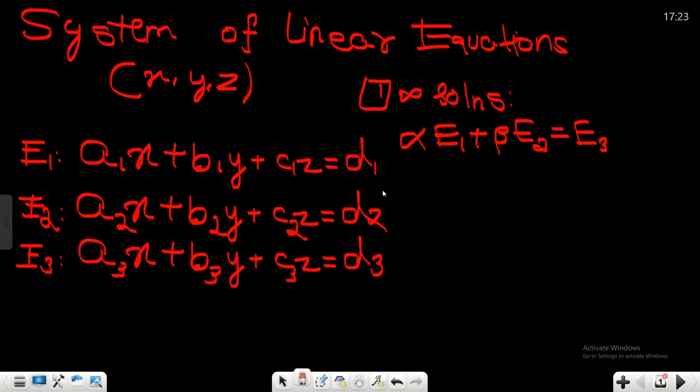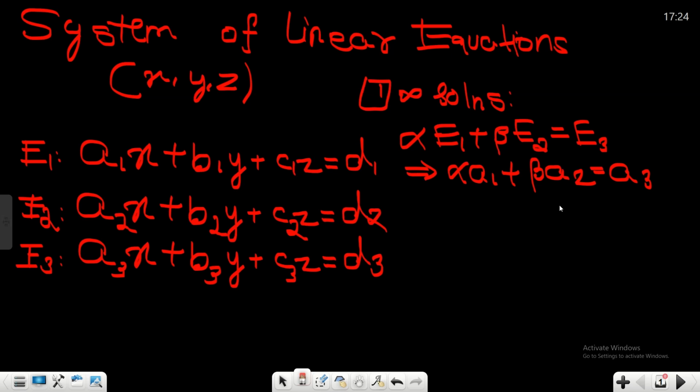So this is the condition for infinitely many solutions, and this means that alpha times a1 plus beta times a2 should be equal to a3, and similarly you can apply a similar equation for b and c as well.